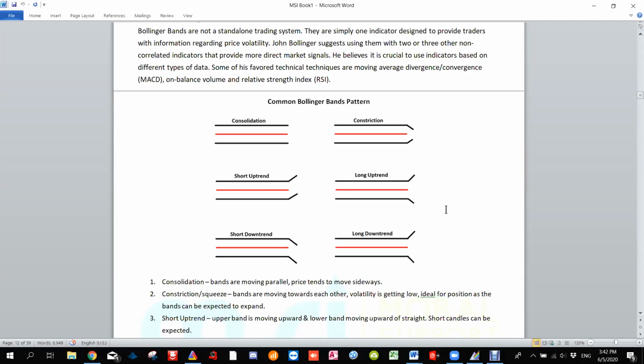They have the same pattern: the bands are widely open and pointing in different directions.